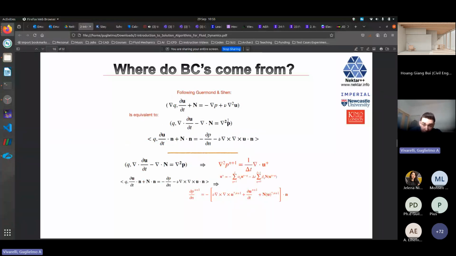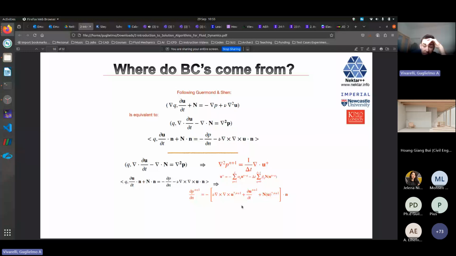If you take your weak formulation of the incompressible Navier-Stokes equation, this is identical to solving the problem below, where apart from the pressure equation, you also have the boundary condition and therefore a well-posed problem. And then you just go ahead and solve your system of equations at the bottom.